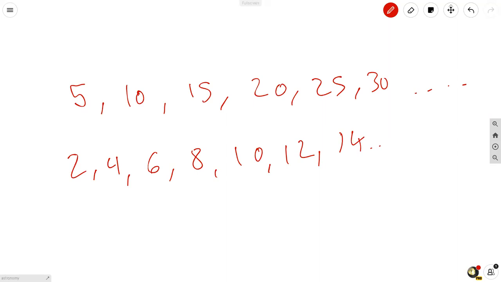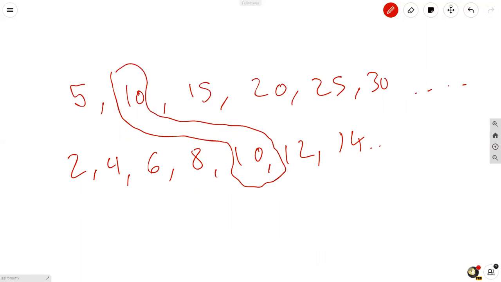What do you notice? What is the first number that's in common? Number 10. Okay. We call this the lowest common multiple.